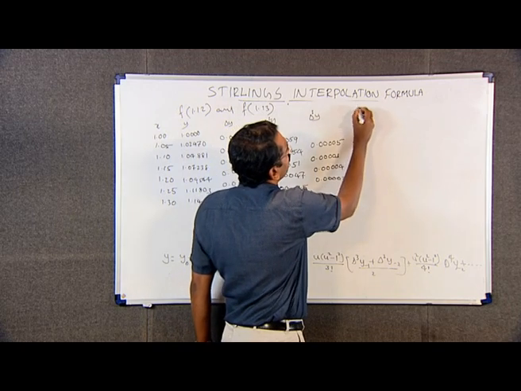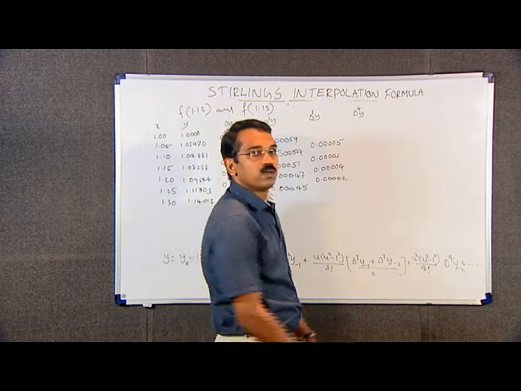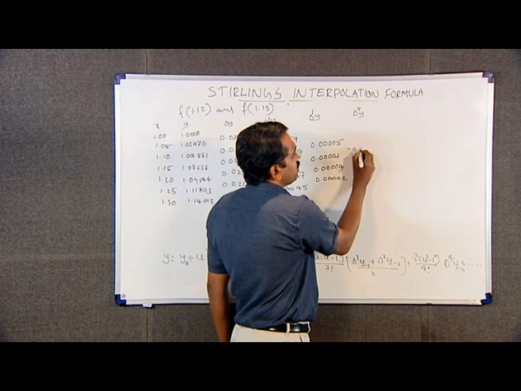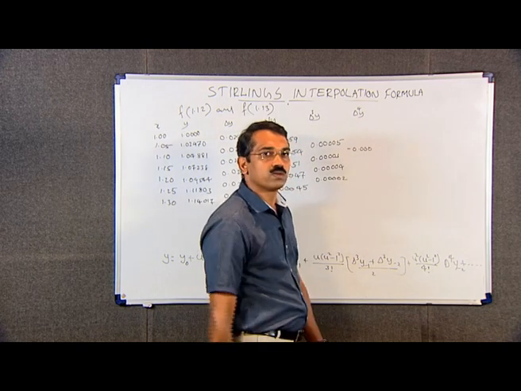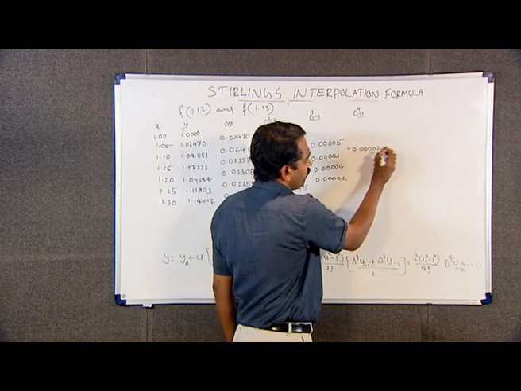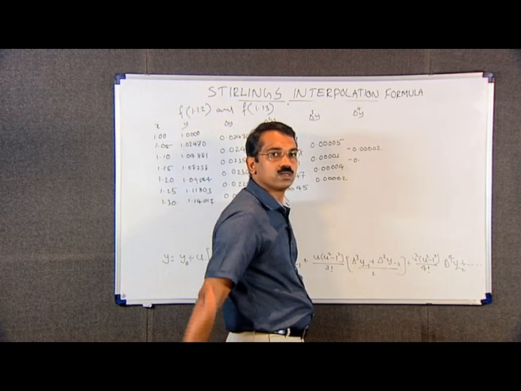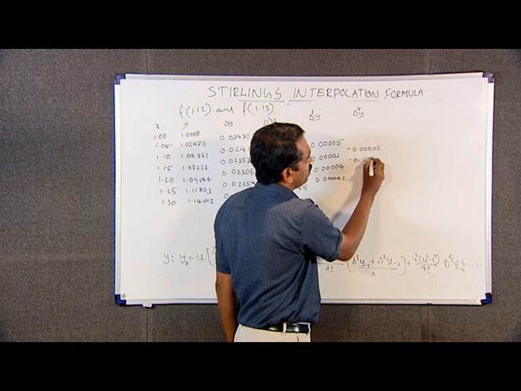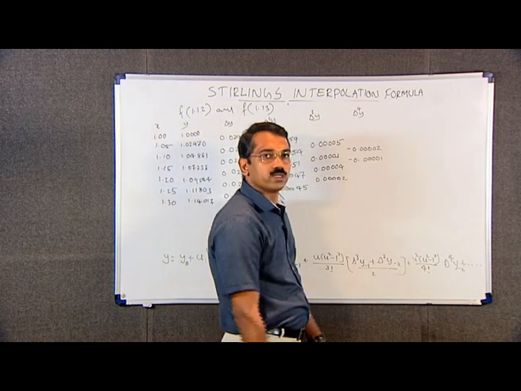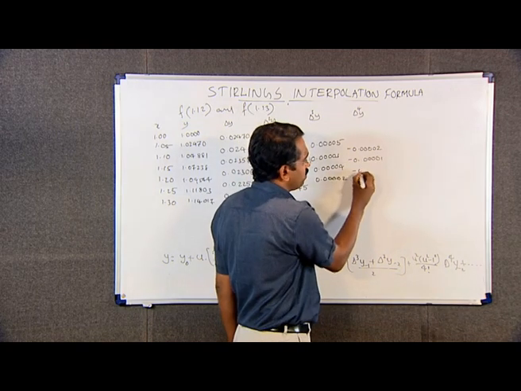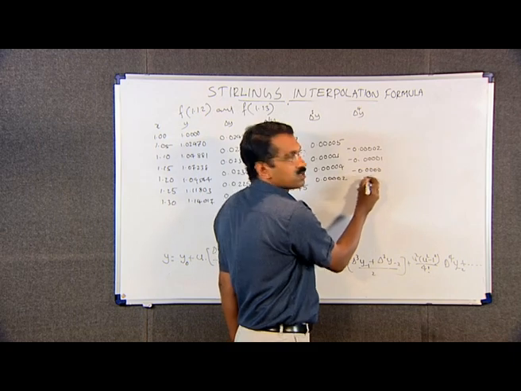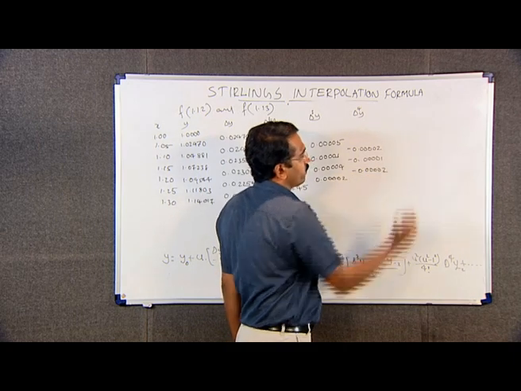And fourth order differences are negative 0.00002, next is minus 0.00001, and last one is negative 0.00002.